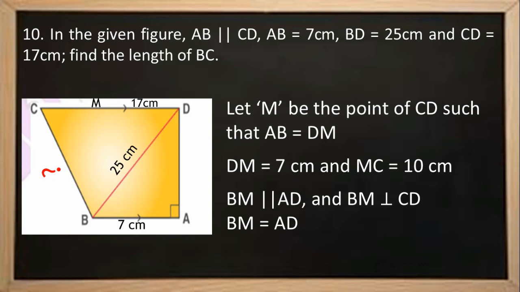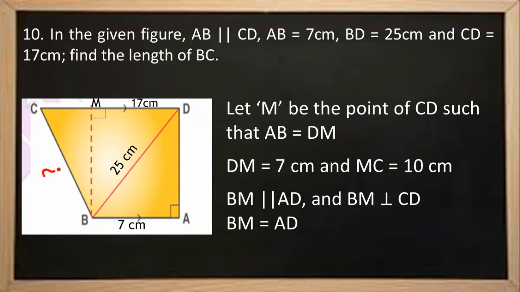We know that CD is parallel to BA and as AD is the distance between the two parallel lines, let us join BM such that BM will be parallel to AD, and BM is perpendicular to CD and BM is equal to AD. It is very much necessary to understand the diagram carefully, children.